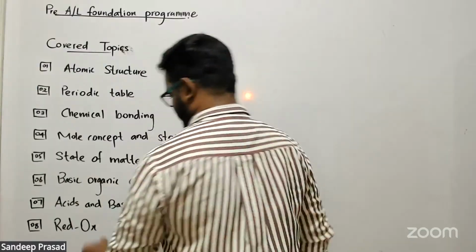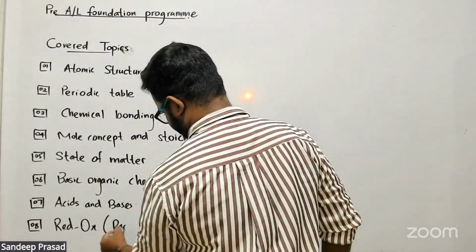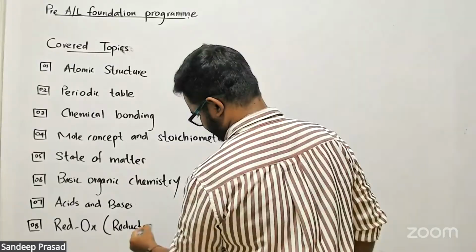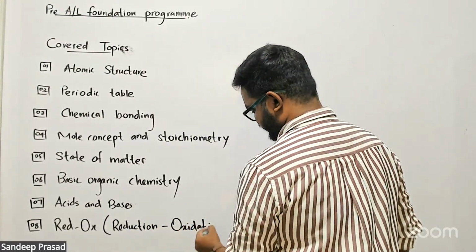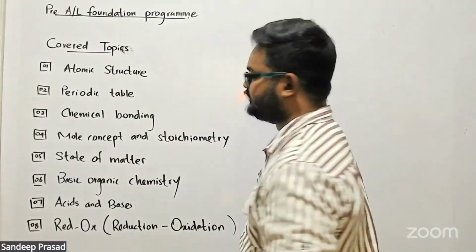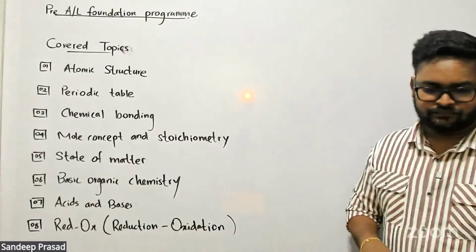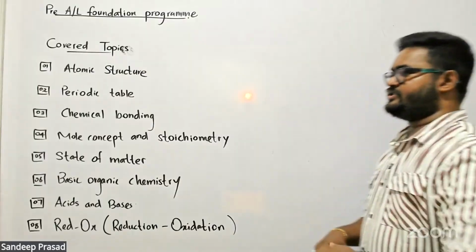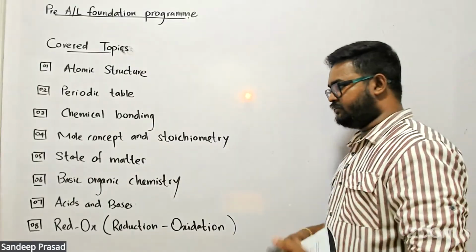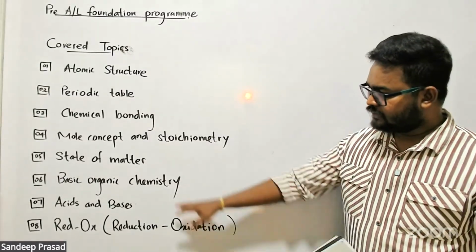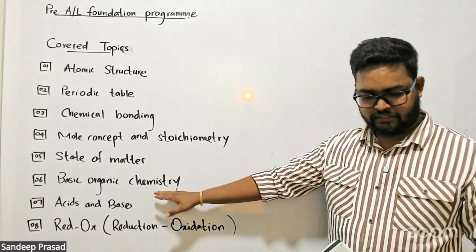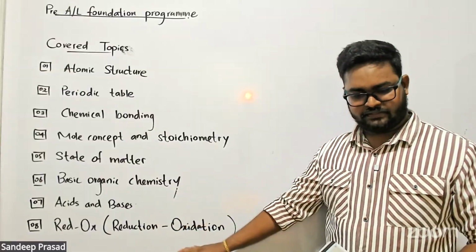Redox means reduction and oxidation. These are the topics that I hope to discuss with you: atomic structure, periodic table, chemical bonding, mole concept and stoichiometry, state of matter, basic organic chemistry, acids and bases, and redox.